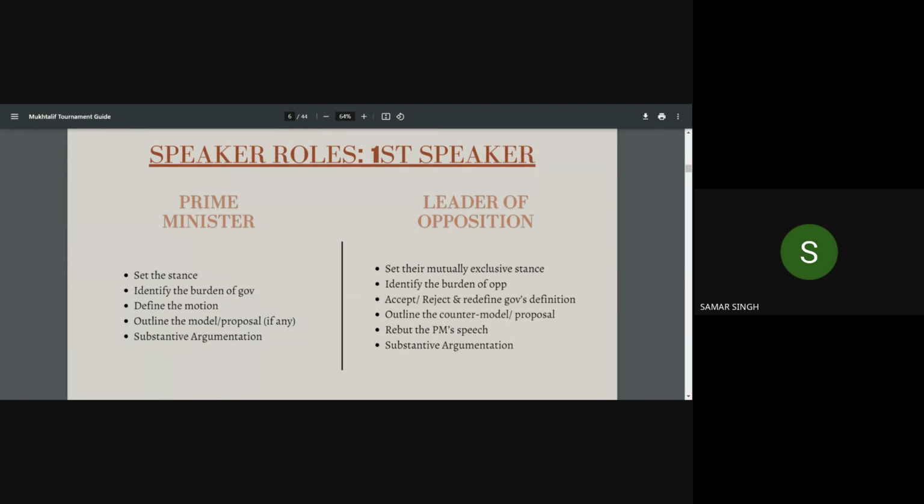The more you speak, the more inputs you give, the better you do your speaker role, and the more points you tick off that have been stated here, your score increases. So if you do not take any POI, if you do not ask any POI, it will not be a negative, but if you do, it will just be a positive for you. If you had gotten 75 marks, answering a POI might increase it to 76, maybe 77, but it will not decrease it. So there's no negative marking concept.